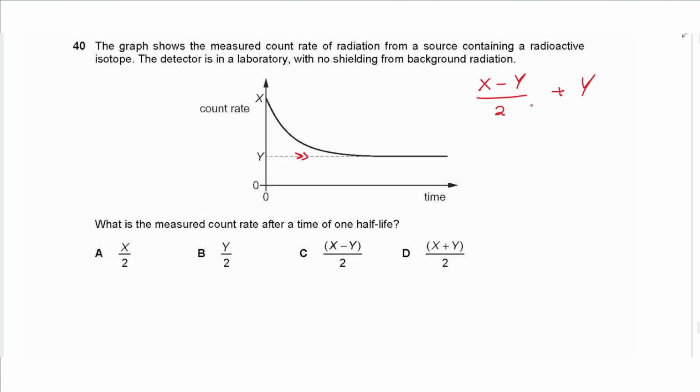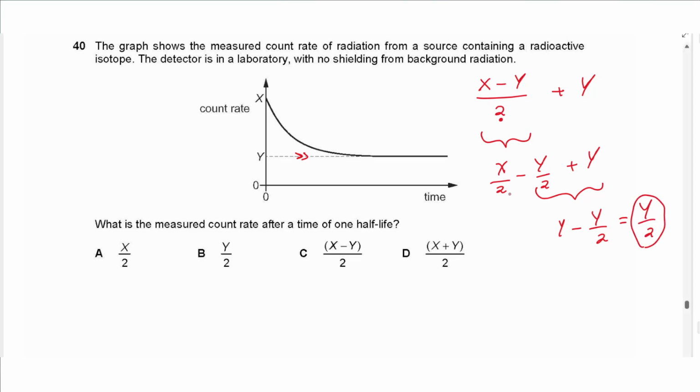simplify this even more. If we use 2 as a common denominator, we can split this into x over 2 minus y over 2. Then we add y. If we take these two, we can calculate y minus y over 2. That gives actually y over 2, positive y over 2.